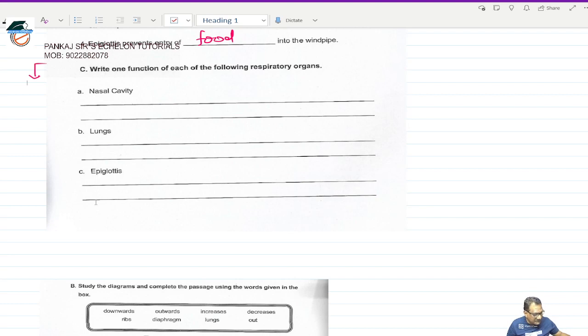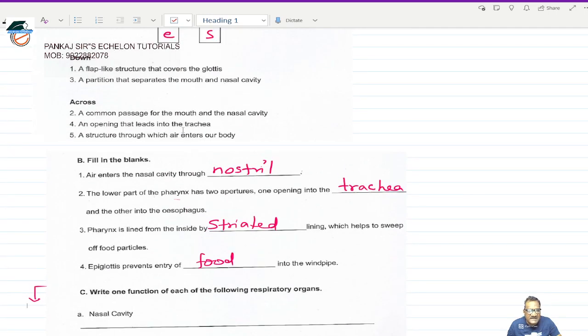Before we start with today's continuation session, I want to rectify one mistake that I made in the last video, regarding this particular question. Fill in the blanks: the pharynx is lined from inside by dash lining.